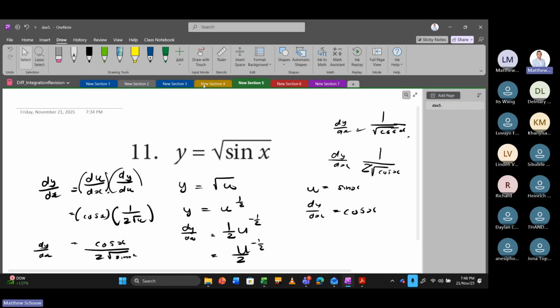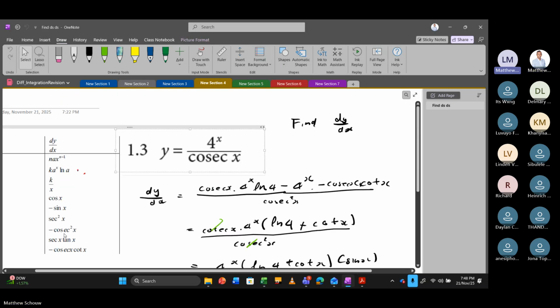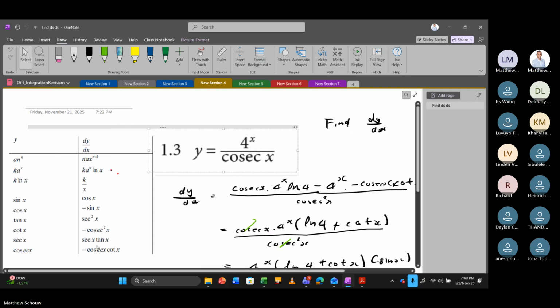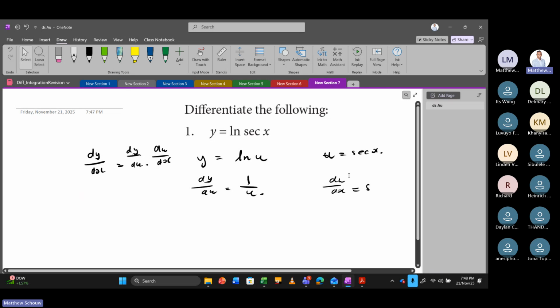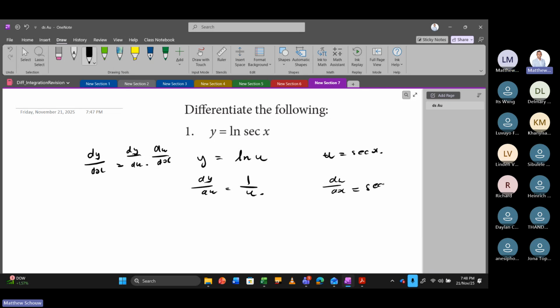There is another way of writing it. Where's my derivatives here? Sec x tan x. Sometimes it's not the devil, sometimes you are your own enemy. Sec x tan x, right? Is that cool? And again, we're just multiplying this. So what is my dy/du? It's 1 over u. And we multiply by the second one, which is sec x tan x.